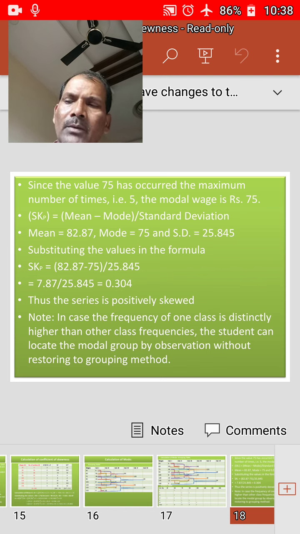Substituting these values, SKP is equal to 82.87 minus 75 by 25.845, which is equal to 7.87 by 25.845, which is equal to 0.304. Thus, the series is positively skewed.